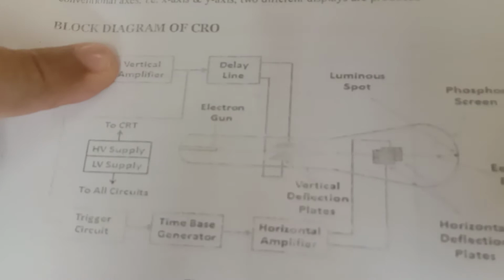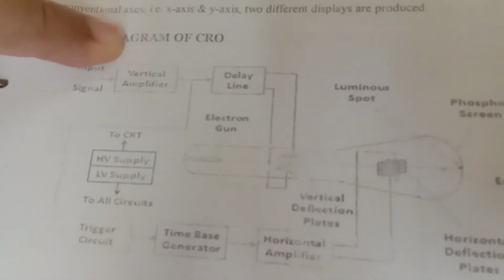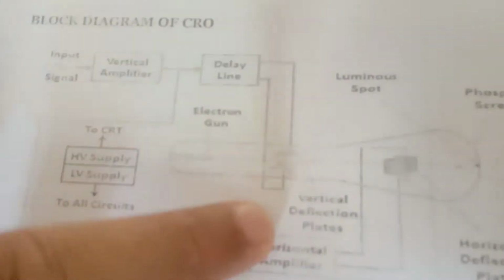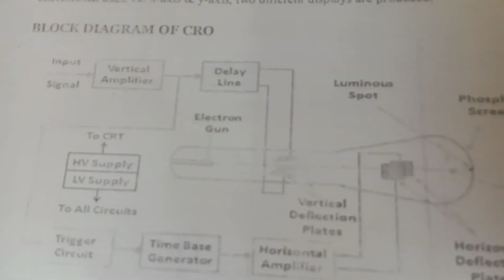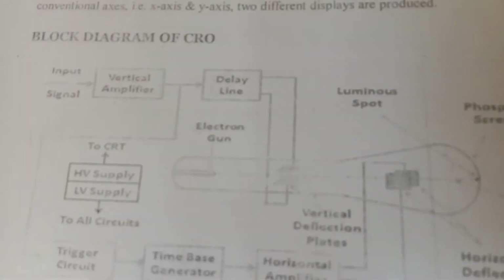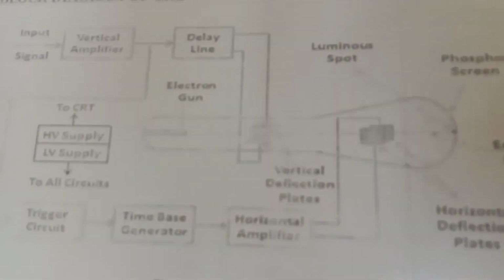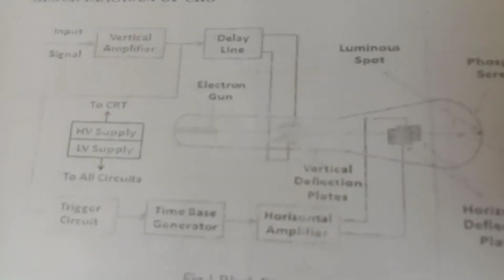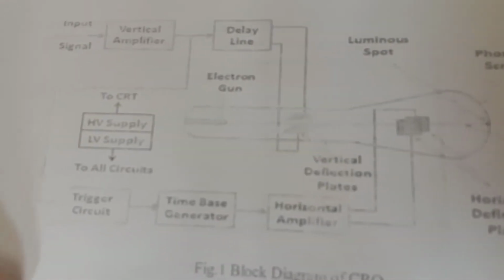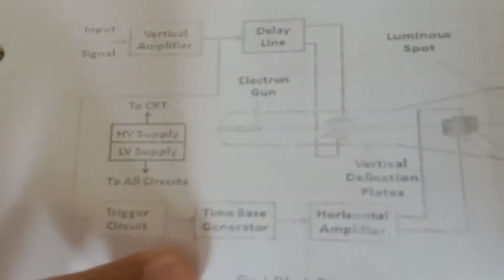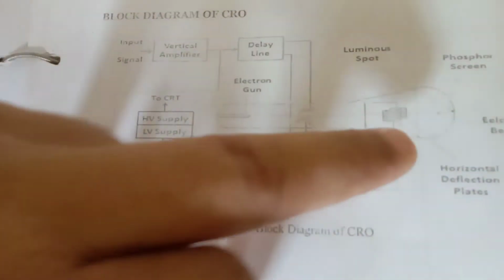The input signal goes to the vertical amplifier, then to the delay line, and then here you can see two horizontal plates, and these plates deflect the waveform. The other things here are the triggering circuit, time base, and horizontal amplifier.